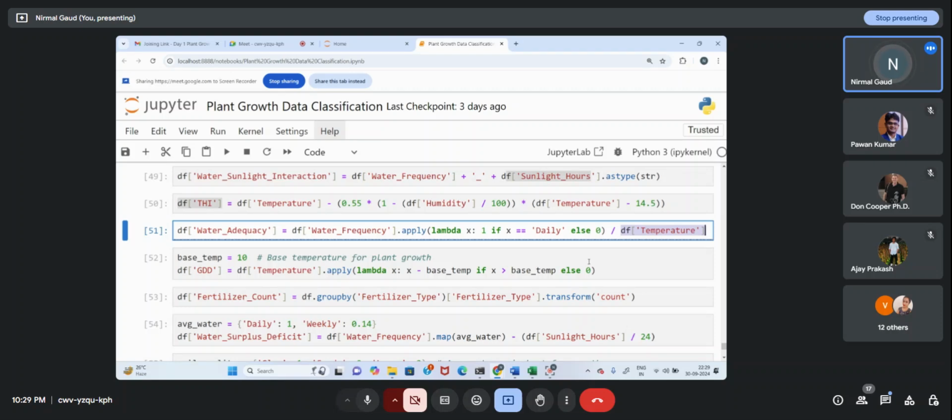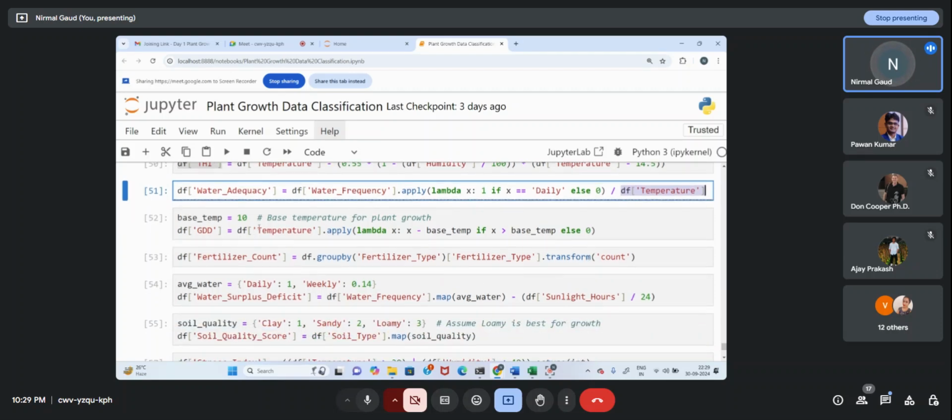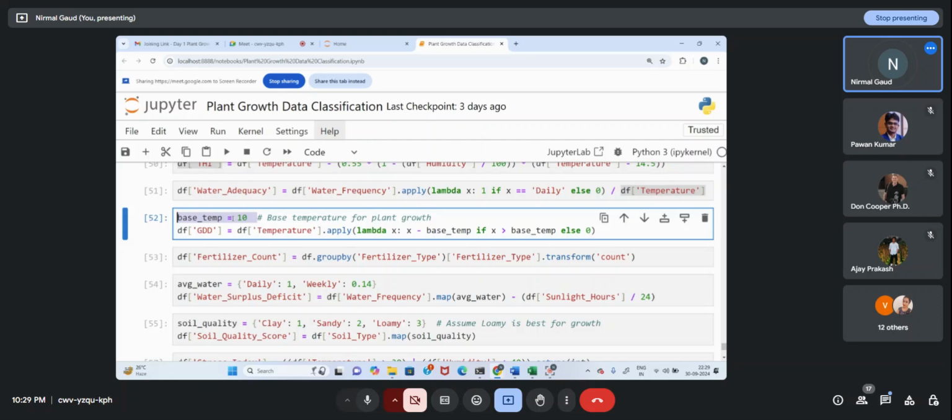This is water adequacy. One more feature I created. Also, base temperature I considered as 10 for the plant growth, for example. Okay, I created one more feature, GDD, growing degree days.